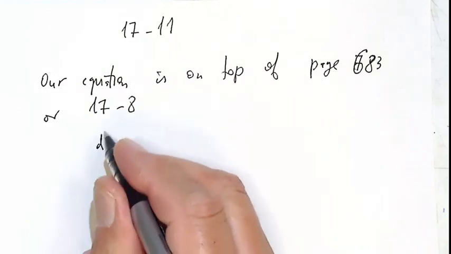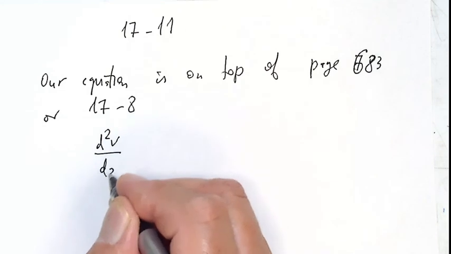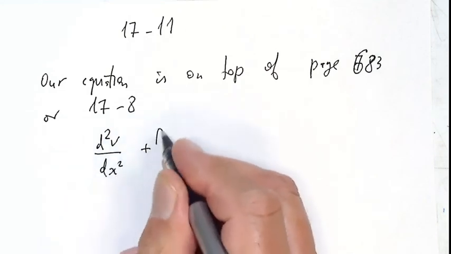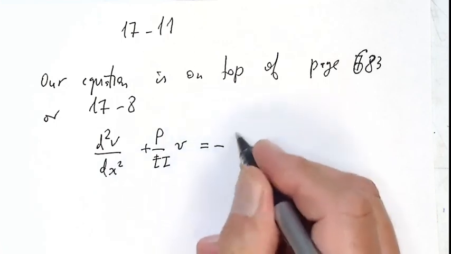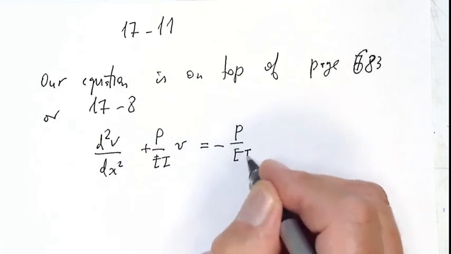So that is d2v dx squared plus p over EI v that equals minus p over EI e.